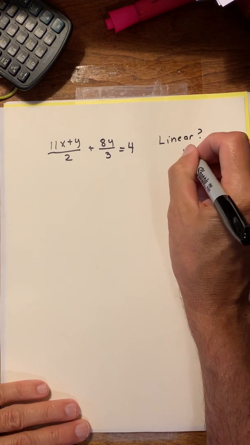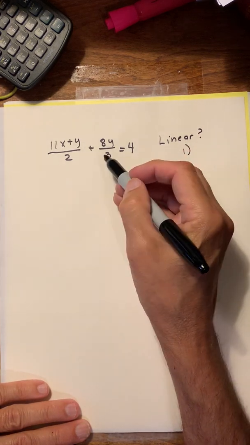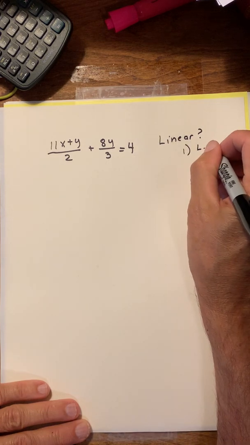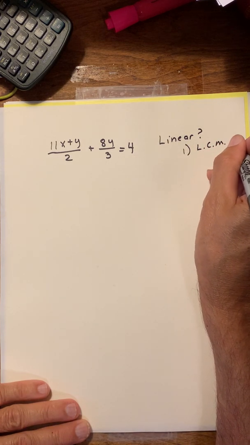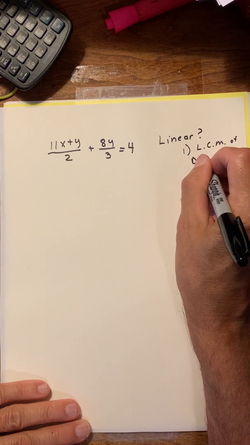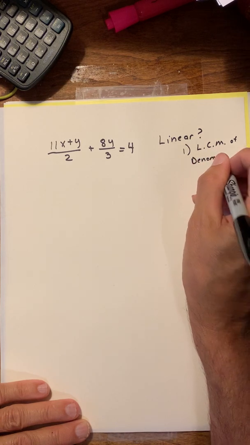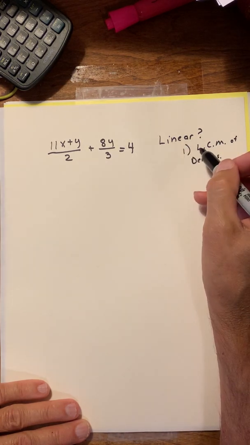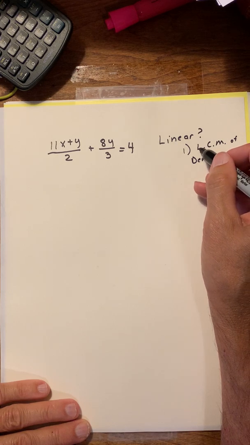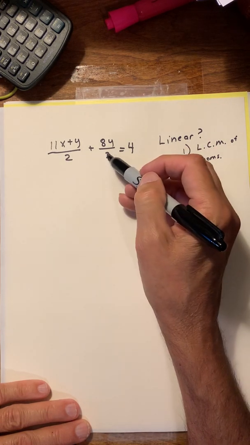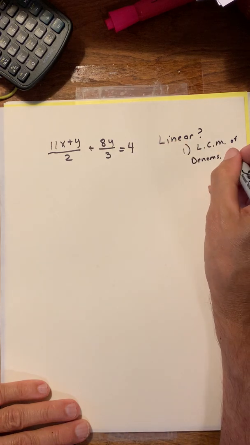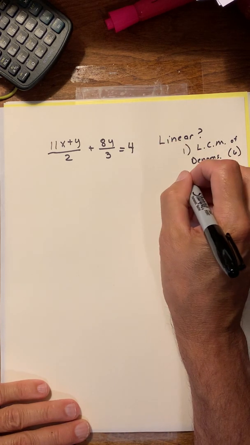Let's remember our two-step process. Find the LCM of my denominators. The smallest number that both 2 and 3 will divide evenly into is 6.